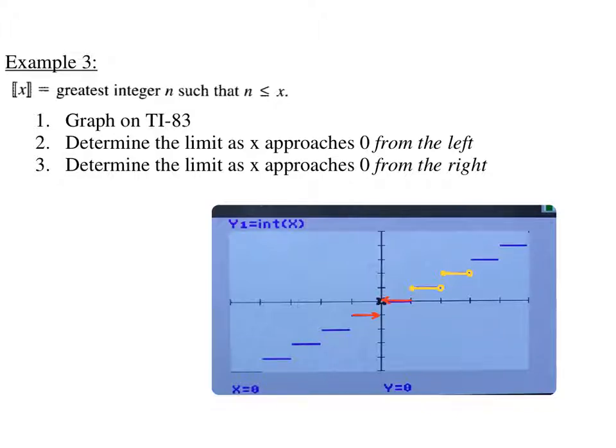Right here from x equals 1 up until you get to x equals 2, the y value, which is our n, will always equal 1. But then as soon as you hit 2, it jumps up to 2. And then it's 2 all the way up until you get to 3, then it jumps up to 3.